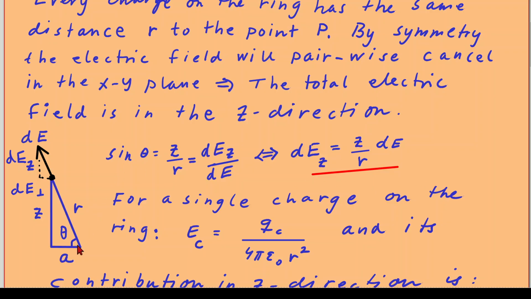Note that if we took a look at the other charges around the ring, it will be the same angle theta all the time. So this sine theta will always be c over r for all the charges, not only the one I showed you.